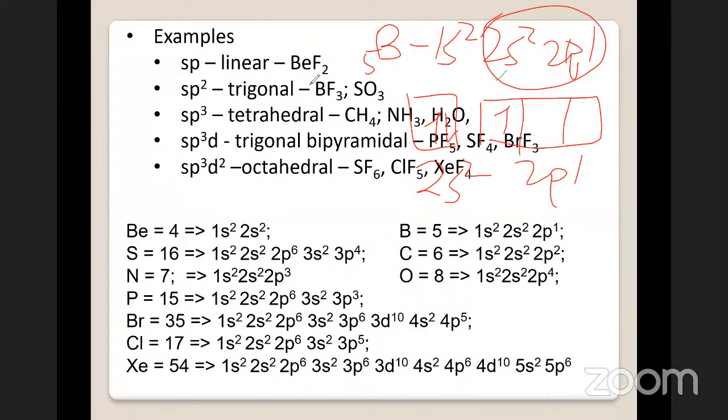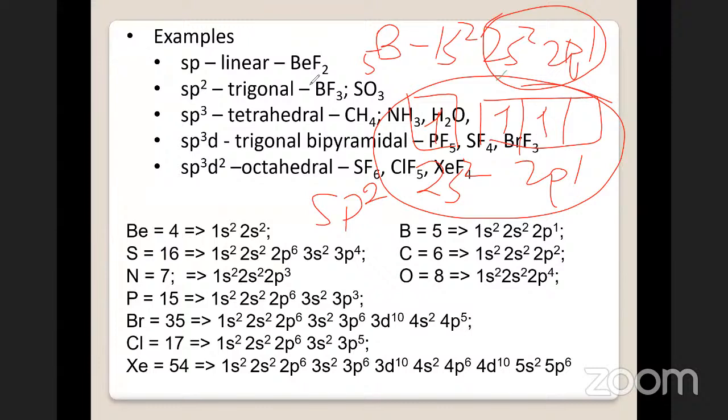Valence shell electron pair repulsion theory tells us that one of the pair will be repelled. So which means that this will move and become that. So you have a hybridization of the s orbital and the p orbital to give you an sp2.